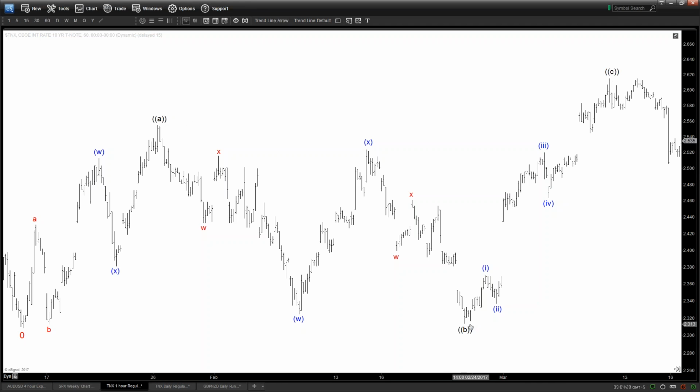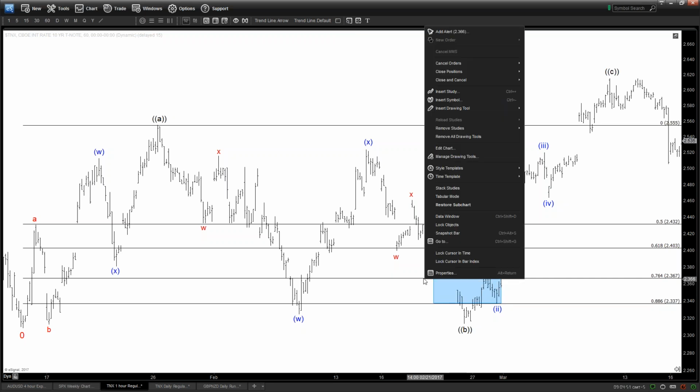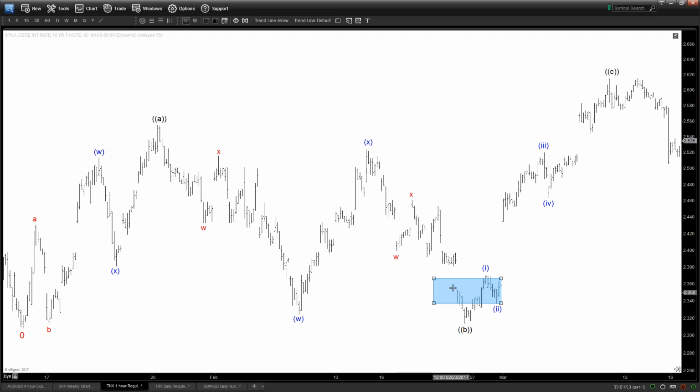You can see that the B here is almost at 100%, if you measure the retracement, so it's always a deep retest. I would say that most of the time the B is going to lie somewhere between the 76.4 and the 85.4% retracement.